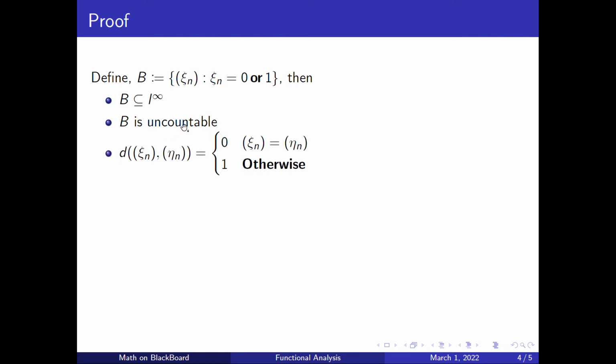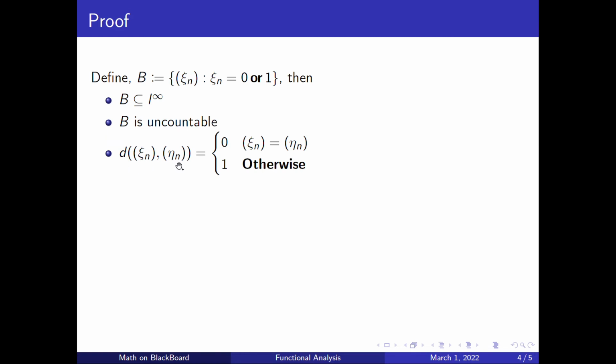And finally, L infinity, we have seen, has a supremum metric. So what happens if I restrict that metric to the set B alone? That is, if I take two sequences xi n and eta n from B, then what can be the distance between these two?